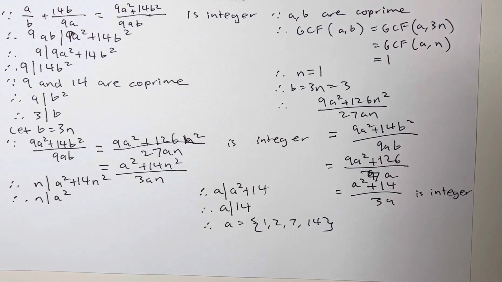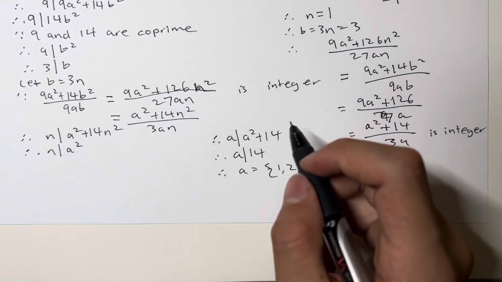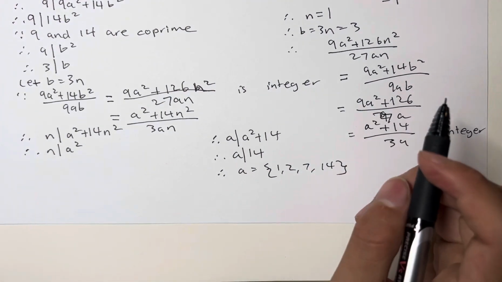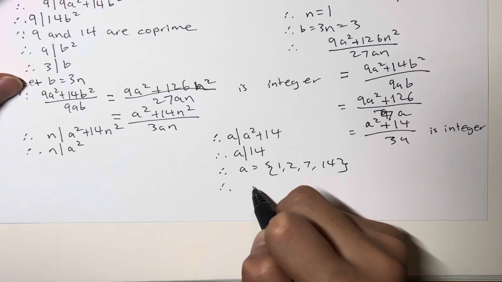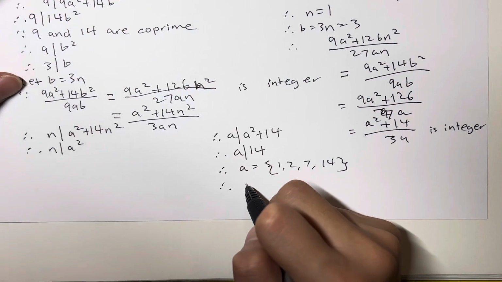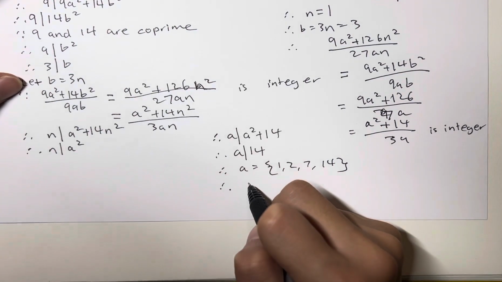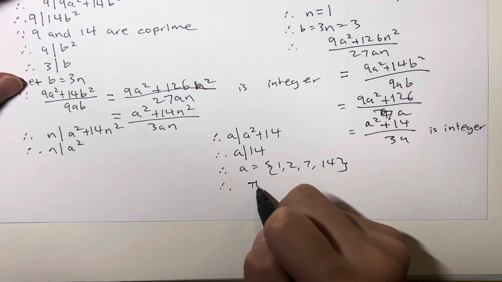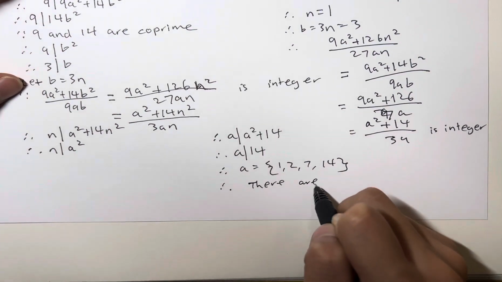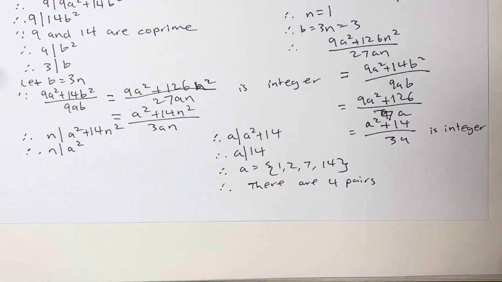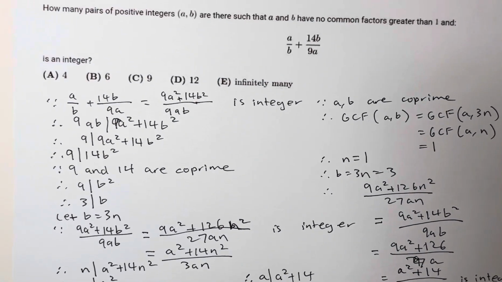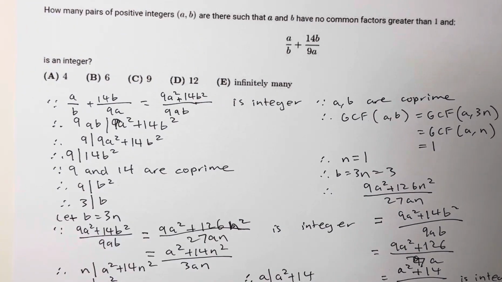So we already know that all possible values of a work. So there are 4 pairs. Okay, now you know that the answer is going to be 4.